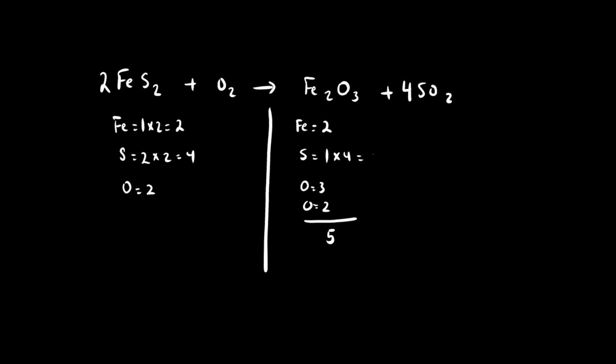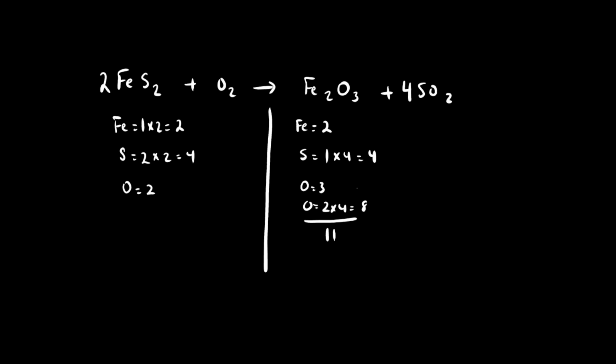So now we have 4 sulfur on the right and a total now of 11 oxygen on the right. So the iron is balanced, sulfur is balanced.